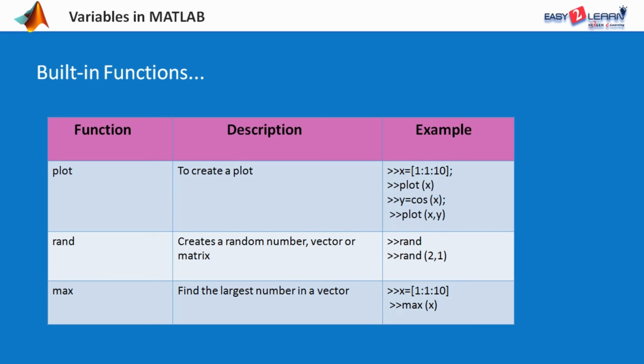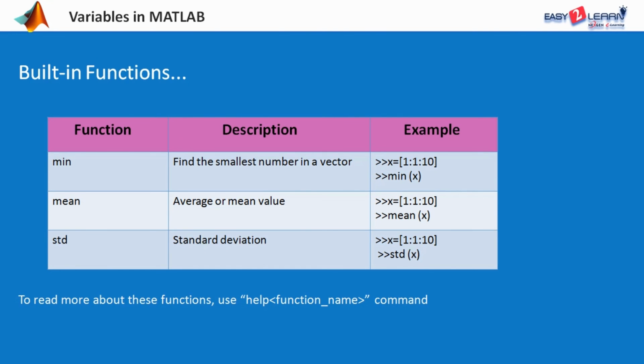Then the max command, which is used to find the largest number in a particular vector. Then the min command, which is used to find the smallest number in a vector. The mean command is used to find the average value of a particular vector or variable. Then the std command, which is used to calculate the standard deviation.